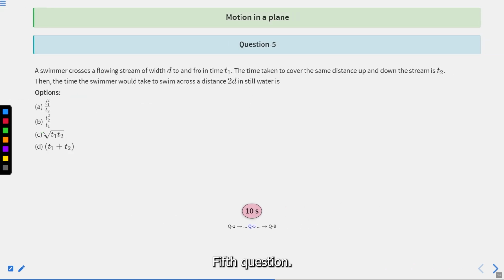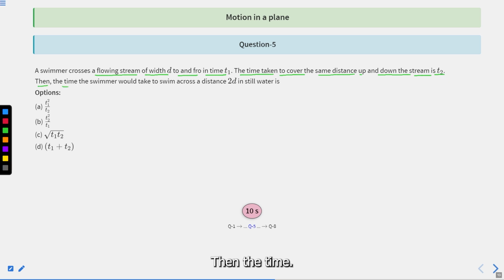Fifth question. A swimmer crosses a flowing stream of width D to and fro in time T1. The time taken to cover the same distance up and down the stream is T2.